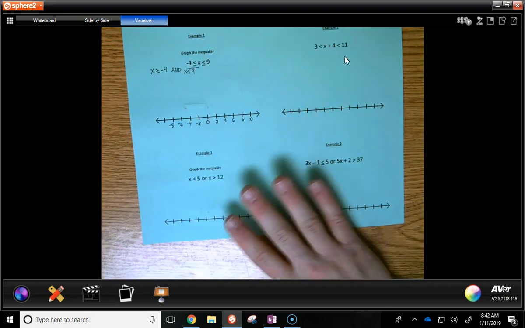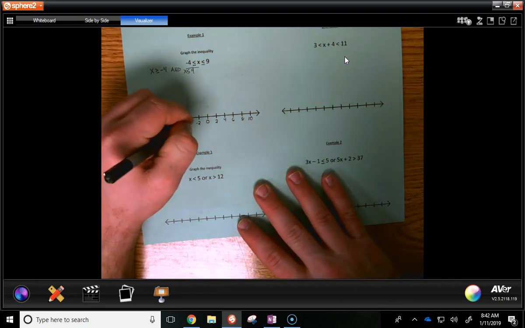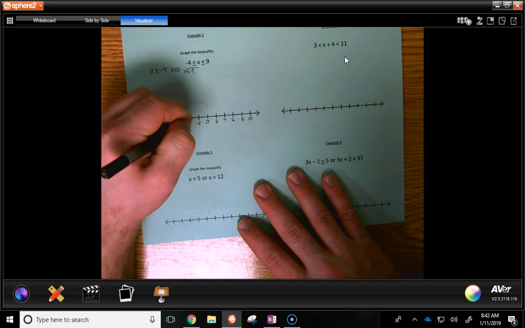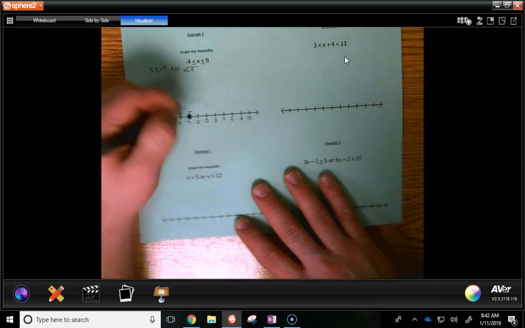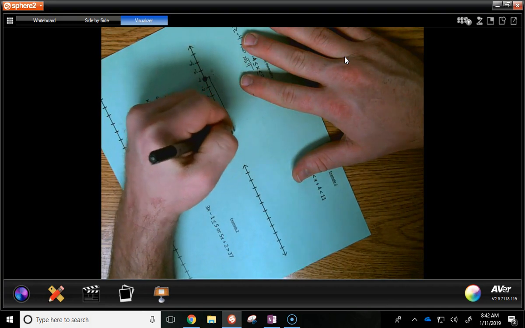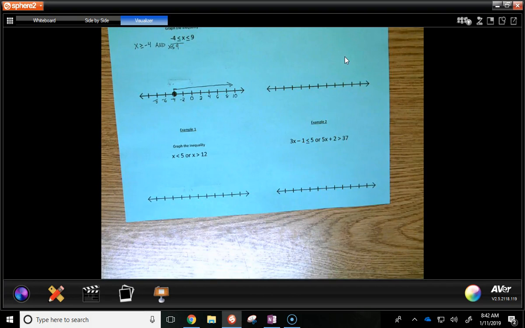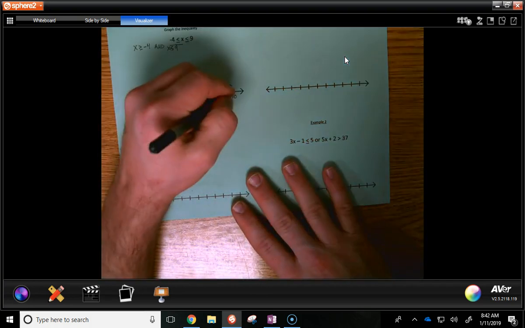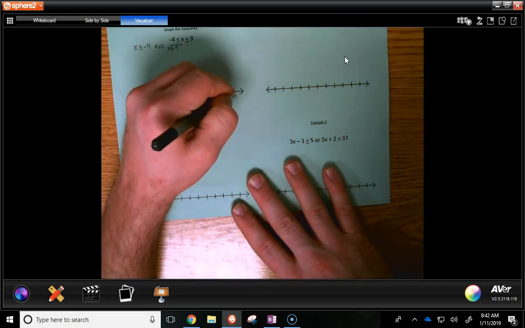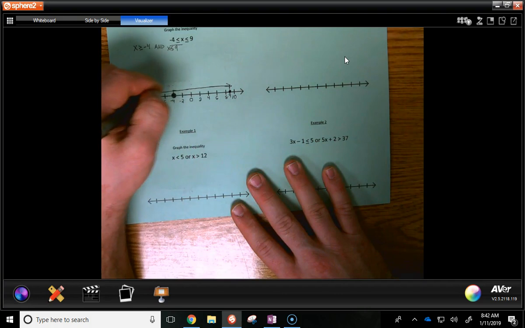I graph my first one, x is greater than or equal to -4. That means my line's going to go this way. Then x is less than or equal to 9. There's 9, and it's going this way.